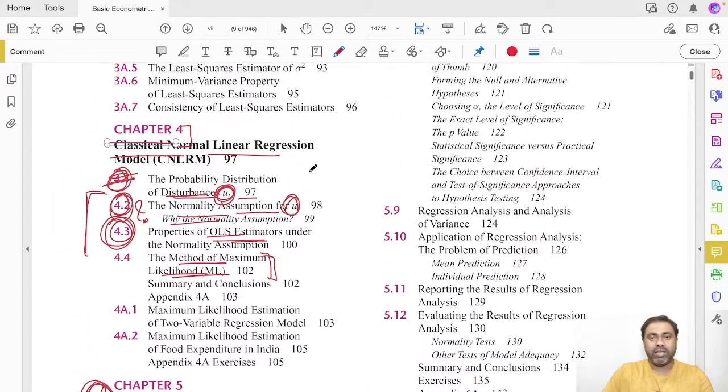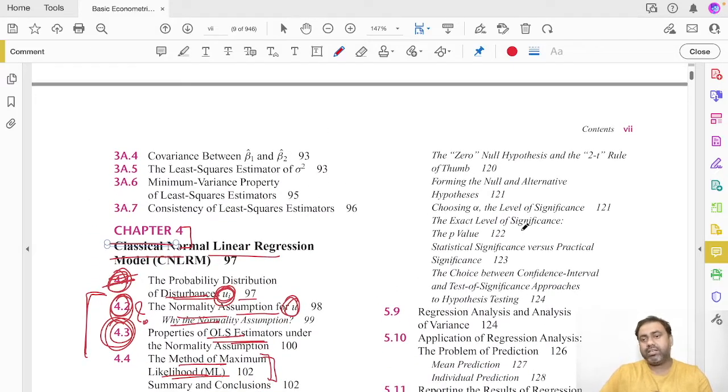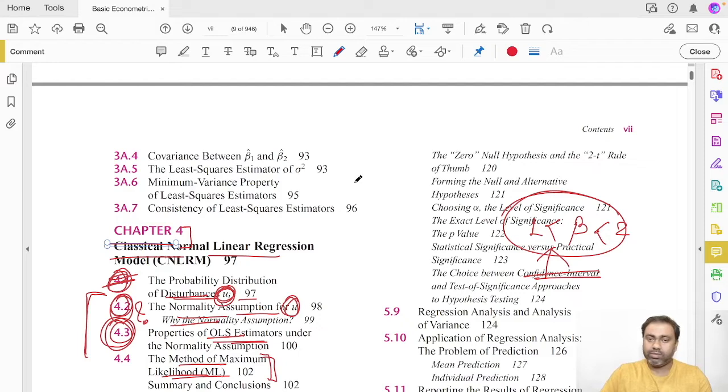Like if there is a null hypothesis about, let's say, population growth lying between 1 and 2, and we reject the null hypothesis, what does this mean? And there comes the issue of type 1 error and type 2 error.